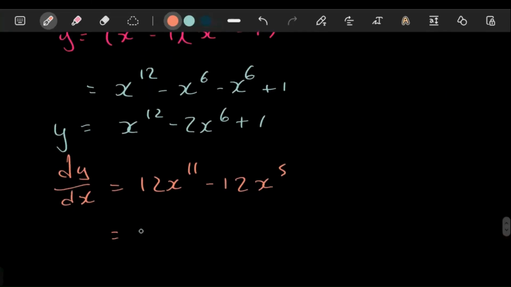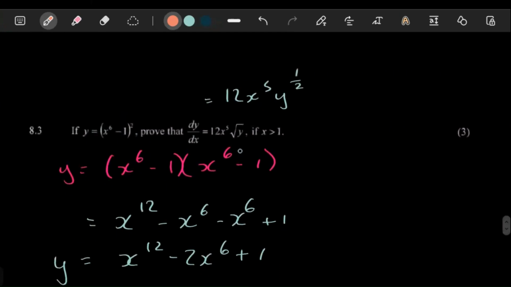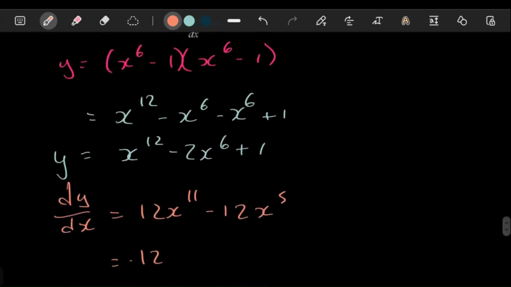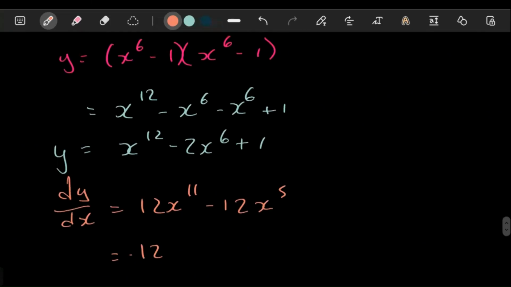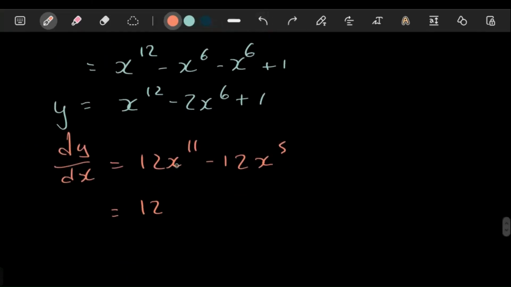Here, let's take out a common factor, 12. Should we take out negative? Yeah, let's take out a, oops, there's a negative left in there. So let's take out a plus 12x to the power of 5.